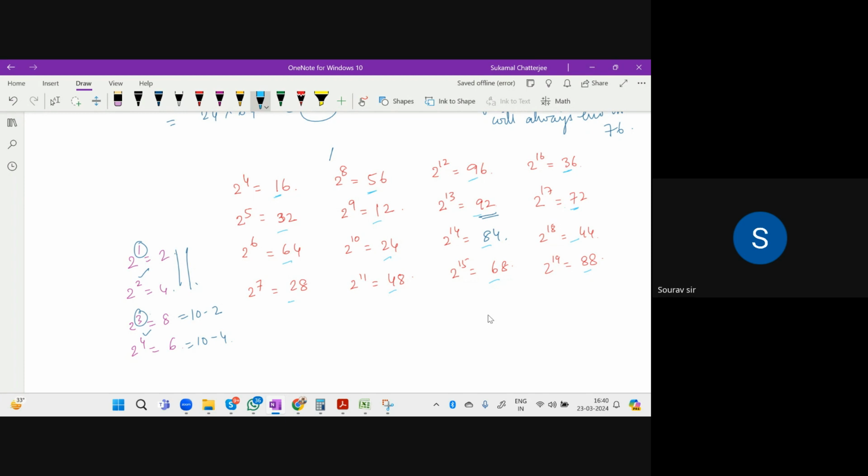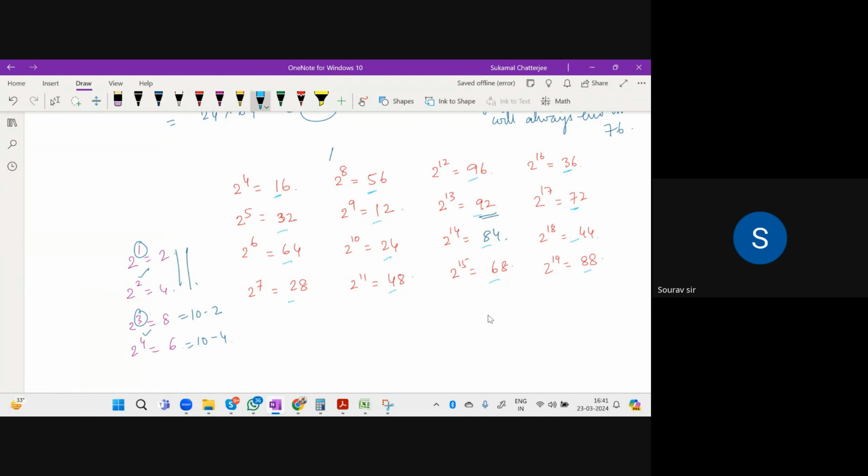So that means now I know that if it is in the series 6, 10, 14, 18, or 7, 11, 15, 19, then the last digit always will be even, the second last digit will be even. And in the first two cases, it will be odd.